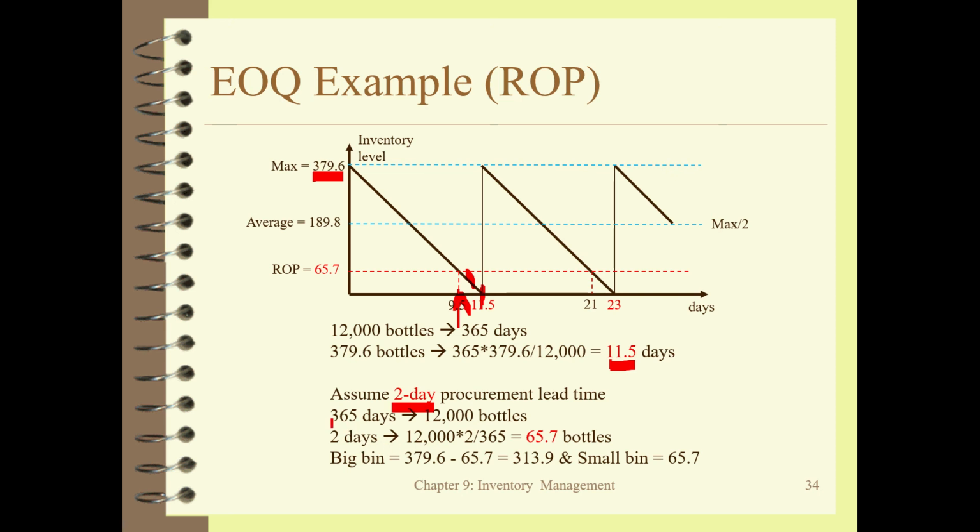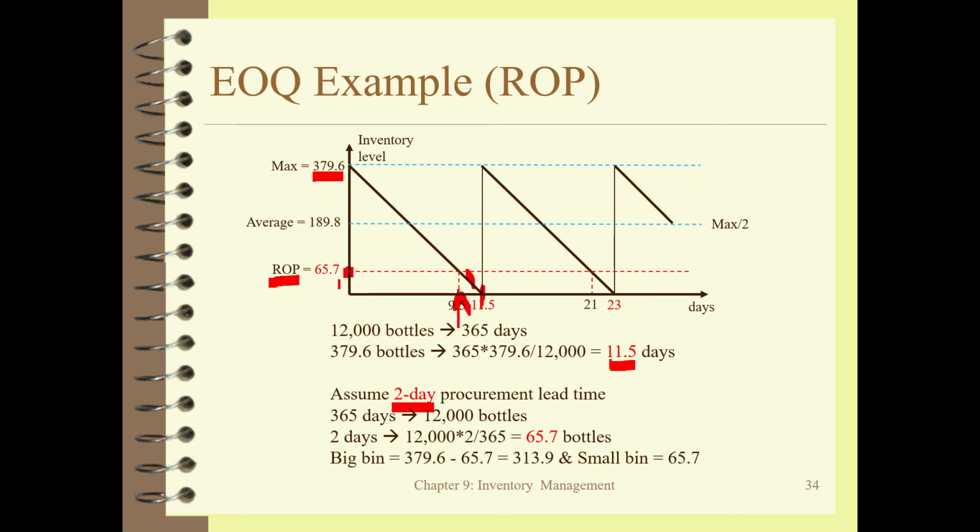You use the formula: for 365 days, U is equal to 12,000 bottles, but here it is 2 days. How many bottles? 65.7 bottles. You got it here. So this is going to be the reorder point.